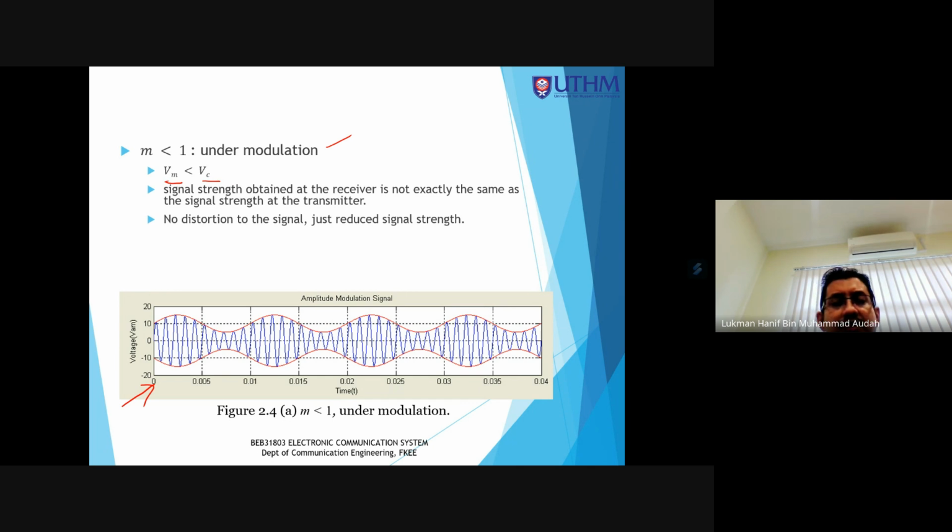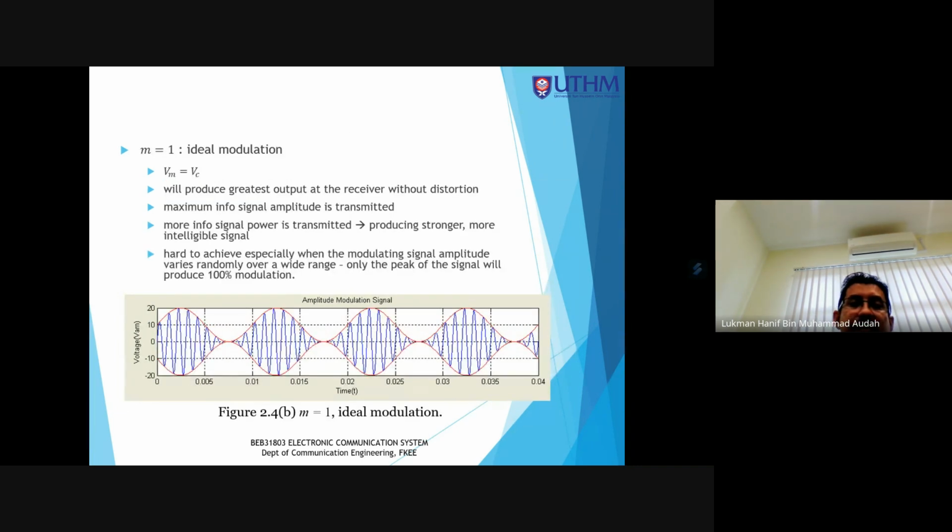This is the graph that we have seen previously in the previous slide, which is the under modulation. Then for the ideal case, where you can transmit with stronger signal strength, Vm equal to Vc will produce the greatest output power at the receiver without distortion.